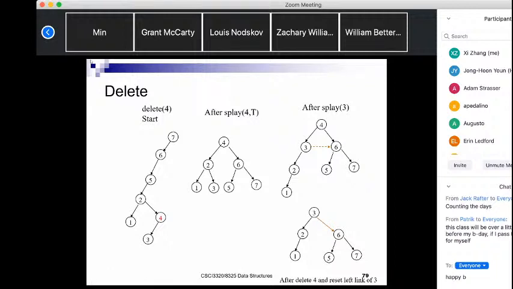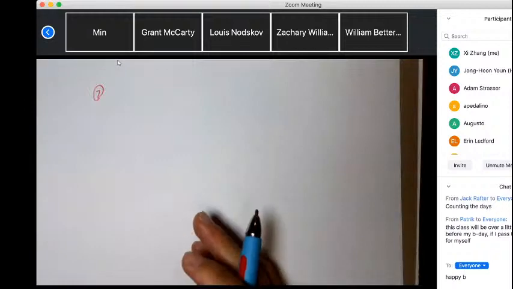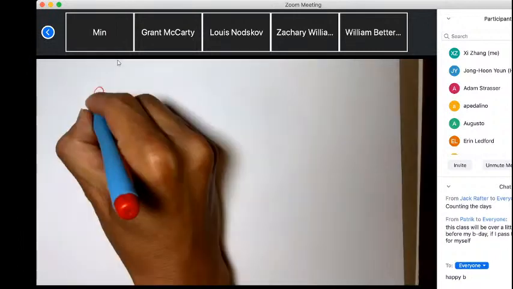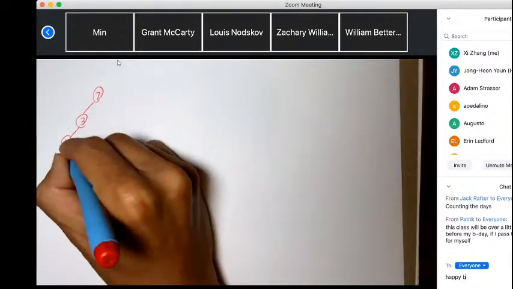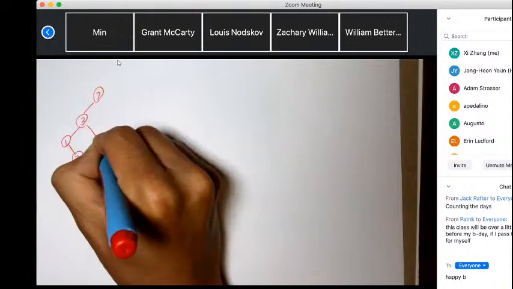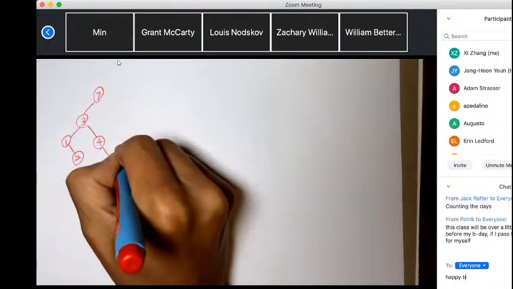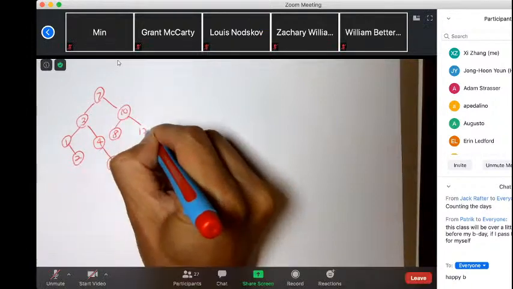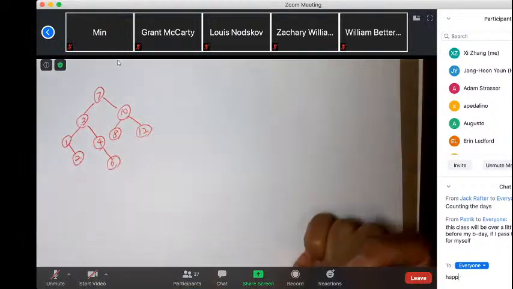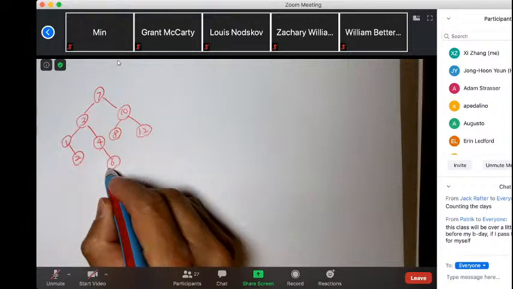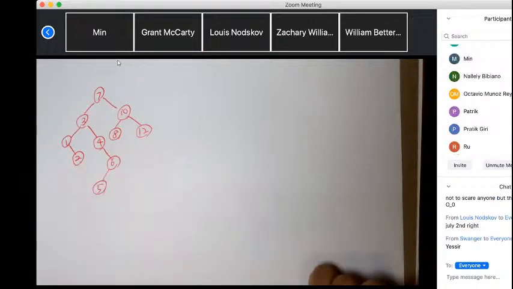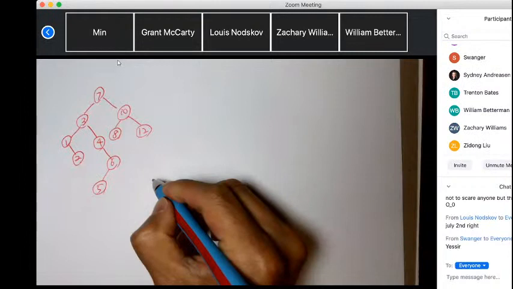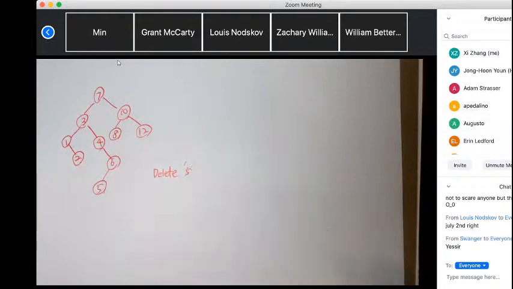I did not prepare an example related to this exercise, so I will just draw something. Let me add one more thing. Okay, let's say this is the tree, and let's do delete 5. Let me give you 3 minutes for this exercise.